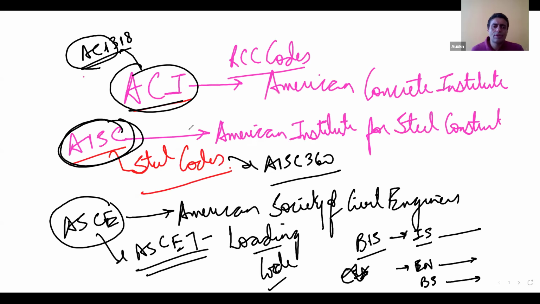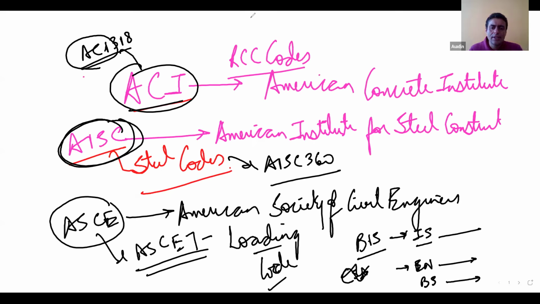So there will be these different societies or organizations which have the task of bringing out different design standards. So it is not like in India or even in other countries where they have a unified body under which all the design codes are brought out. The US is slightly different in that manner. Is that clear?